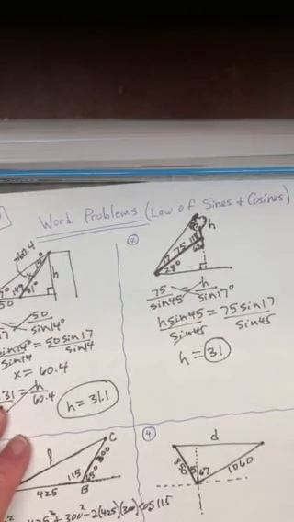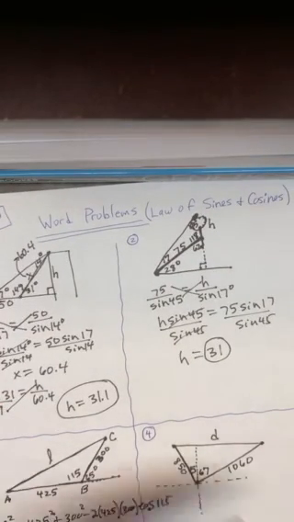And the second you look at that, can't you set that up and solve it the same way we did this one over here? Wow, it makes things a lot easier, correct?